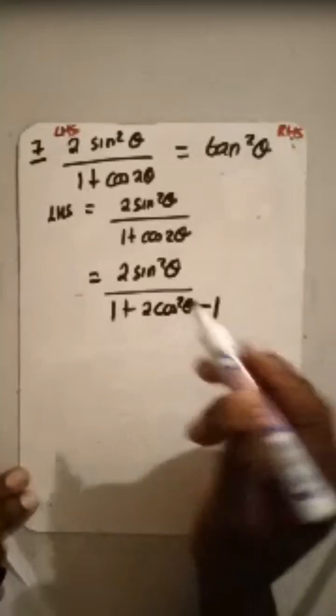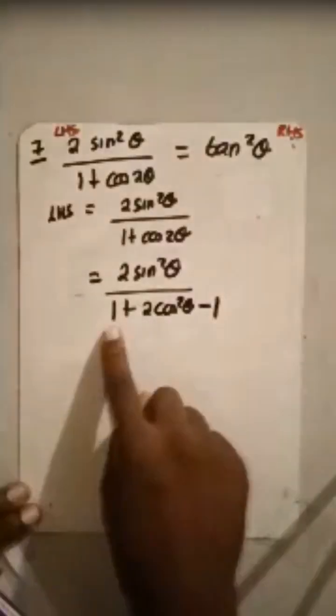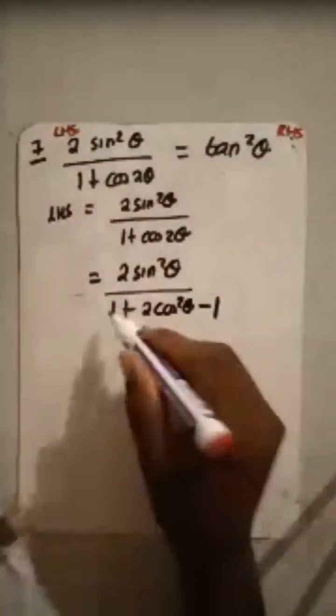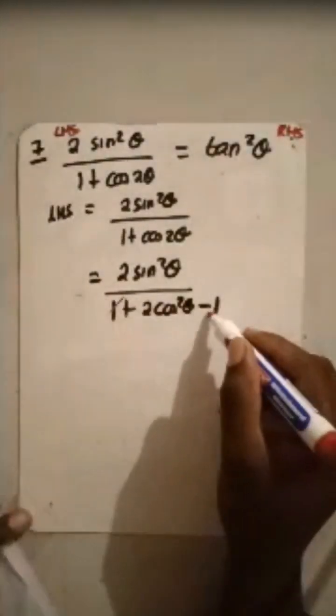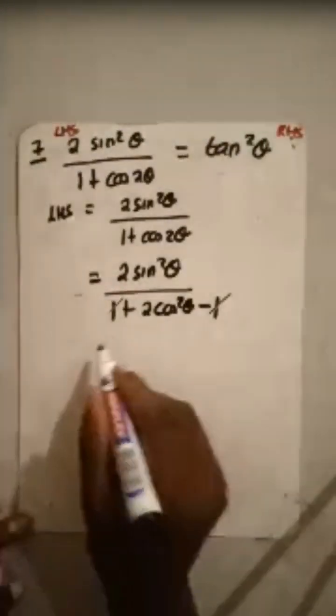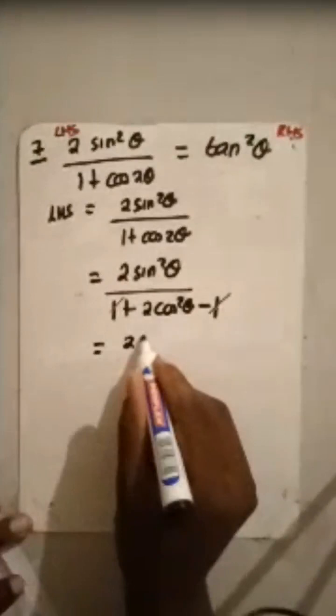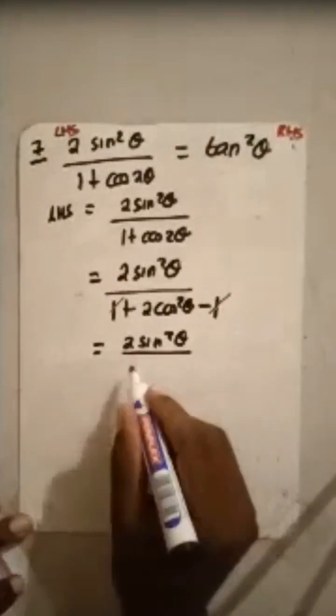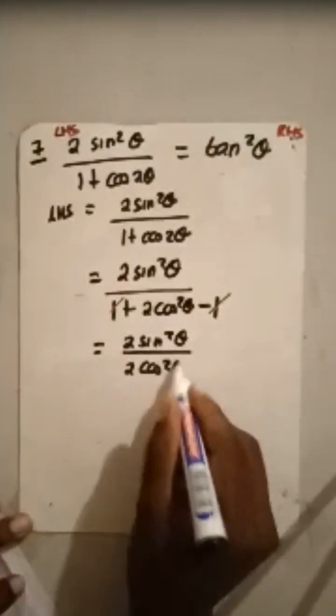Okay? So now I see I have 1 and minus 1 here. What's going to happen? Means these ones are going to cancel out. Right? So now I'm left with 2 sine squared theta over 2 cos squared theta.